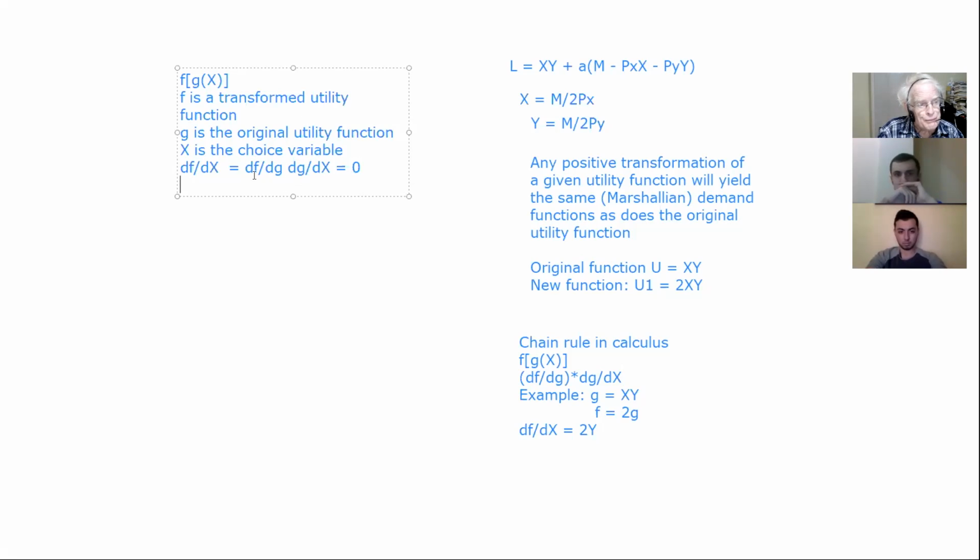Okay, so df/dg is just a number, so that doesn't matter. Let df/dg be equal to 2, which is positive. So now we simplify our derivative with respect to x using the chain rule: that's equal to 2 times dg/dx, equal to 0.